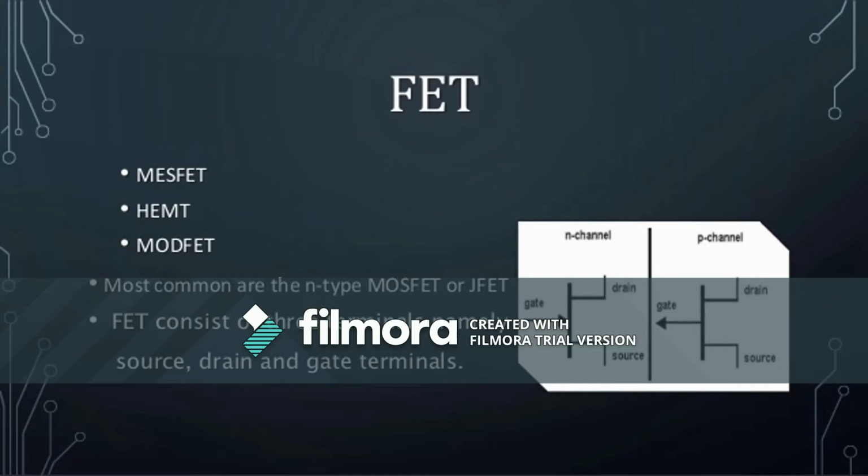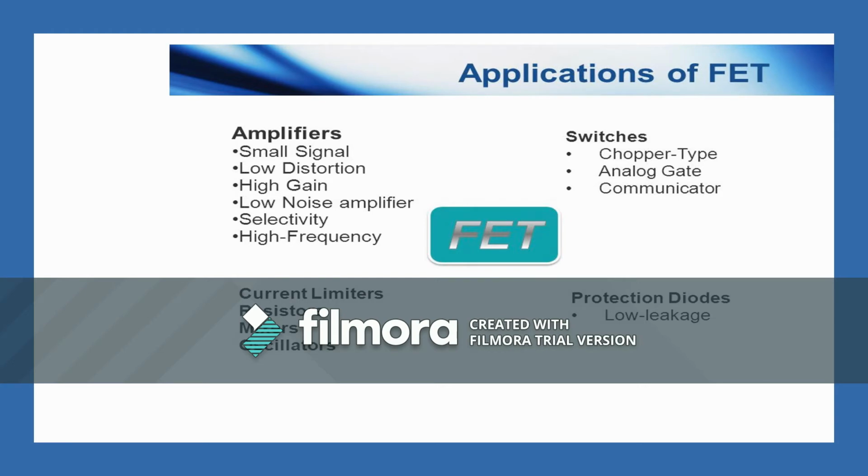A transistor is a semiconductor device used to amplify or switch electronic signals and electrical power. It is composed of semiconductor material, usually with at least three terminals for connection to an external circuit.